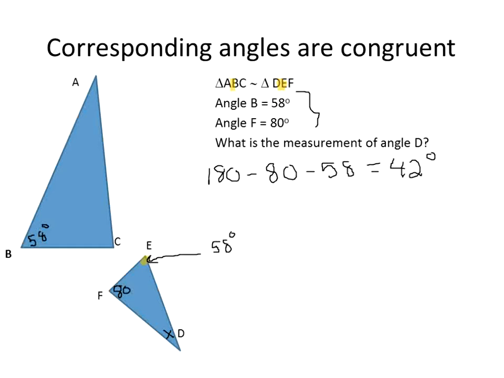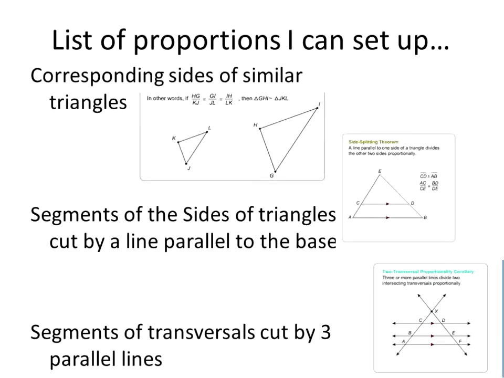Since these 2 angles already used up 132 degrees, I know I had 42 degrees left for this angle right here. And I also know that angle A would be the same. Okay, so that was one way we could use the corresponding angles. Make sure you realize the corresponding angles are congruent. The sides are not.